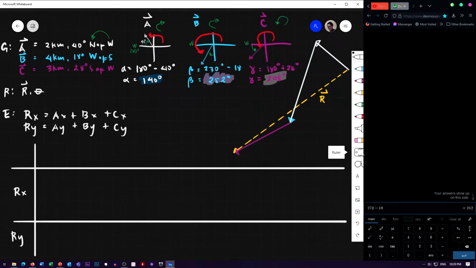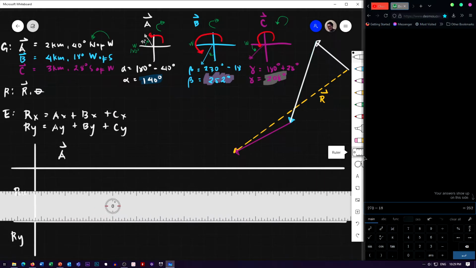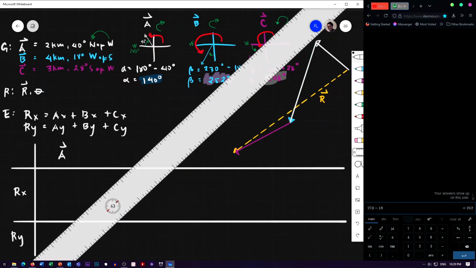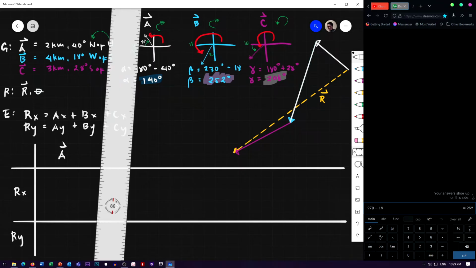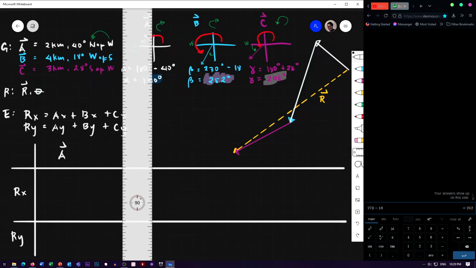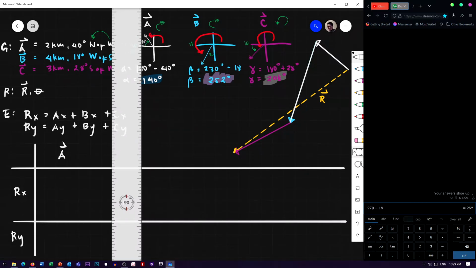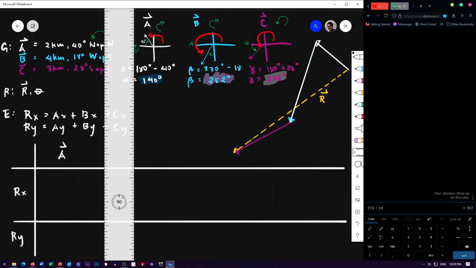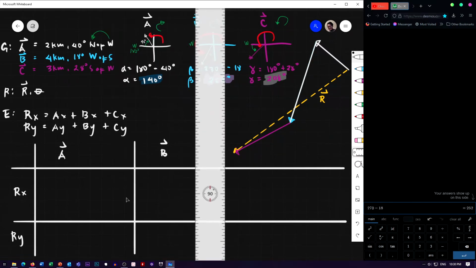For the row header, we're going to have, of course, vector A. Then, of course, we have vector B. Then we have vector C.